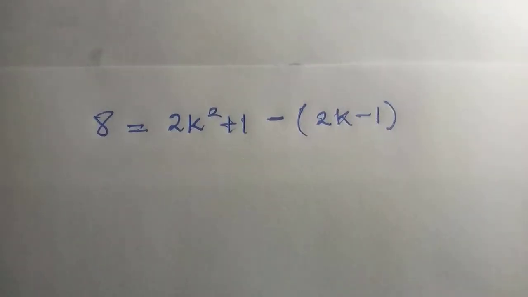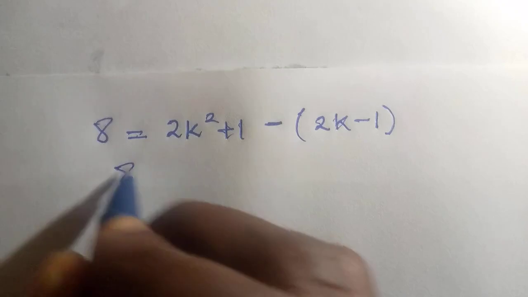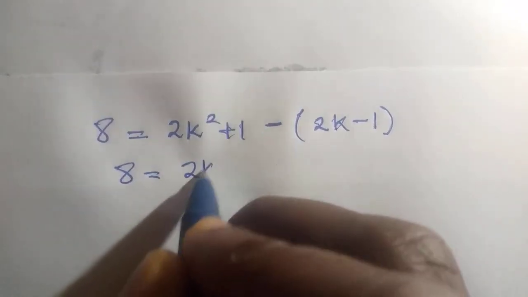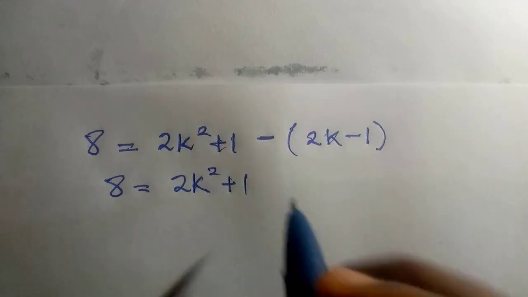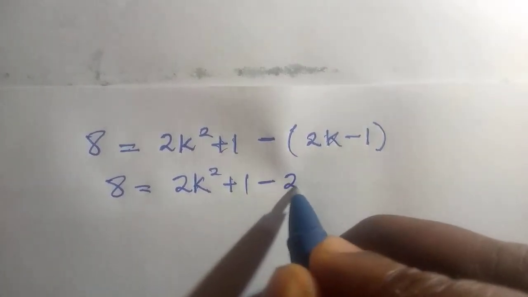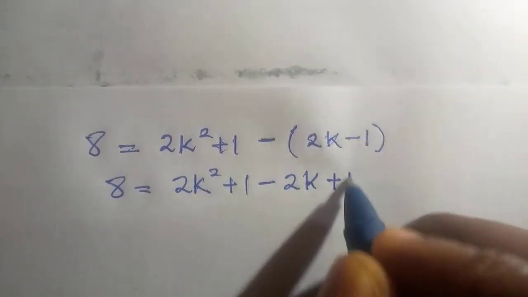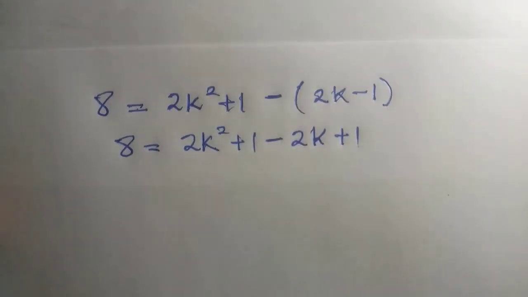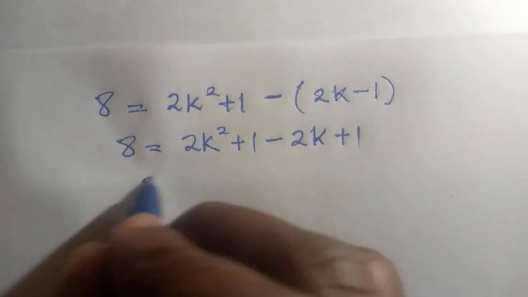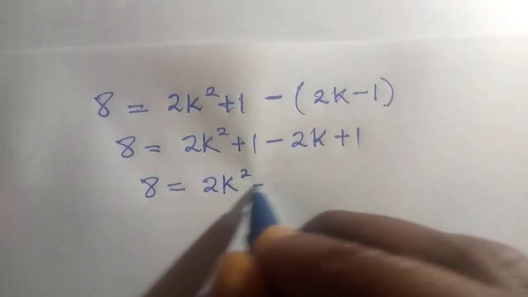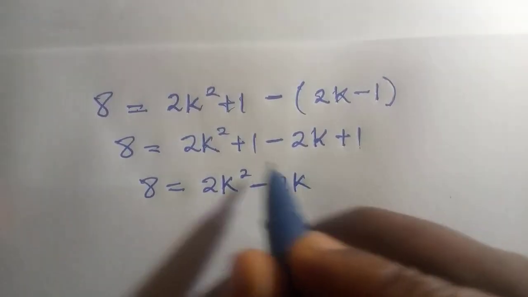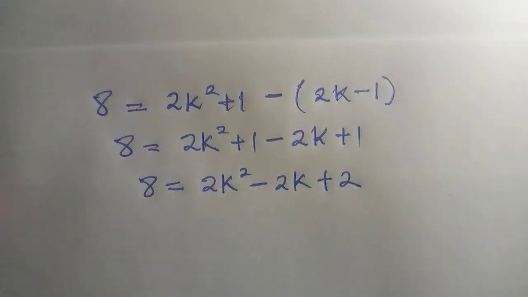So having this one, we have 8 equals 2k^2 + 1, then the expansion of this is minus 2k plus 1. So here we have 8 equals 2k^2 minus 2k plus 2.